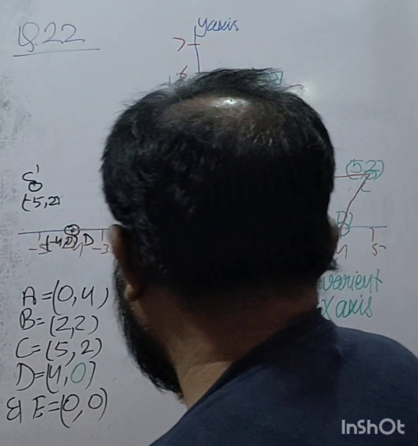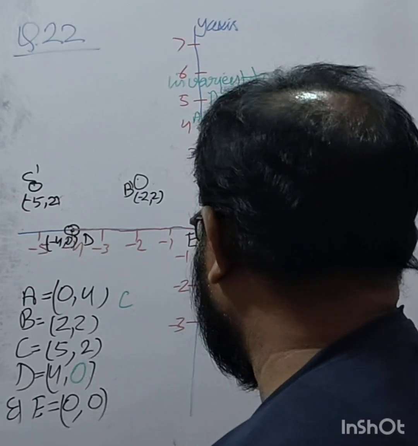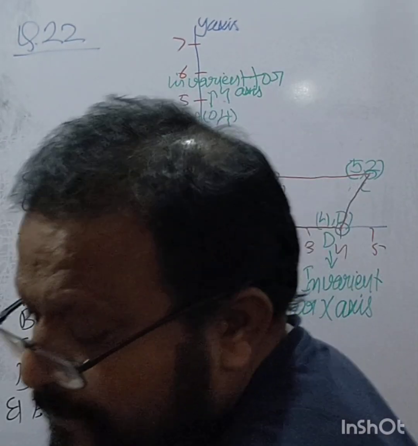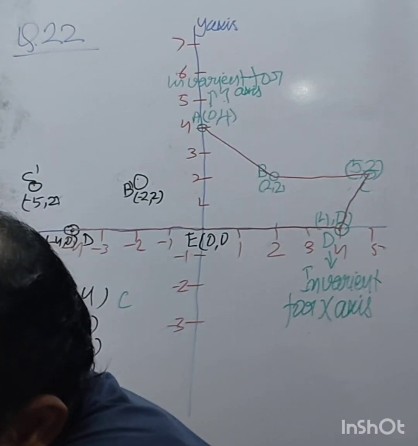D dash to B dash, it is wrong. D dash, B dash, C dash, A.